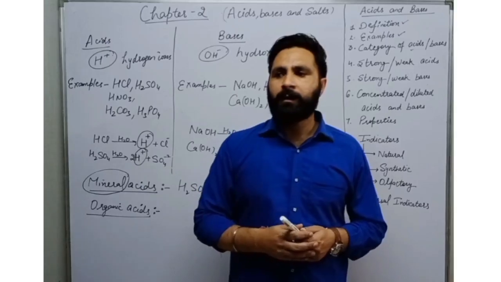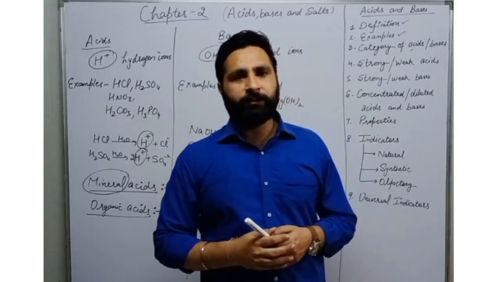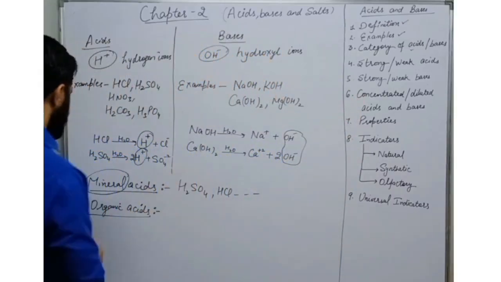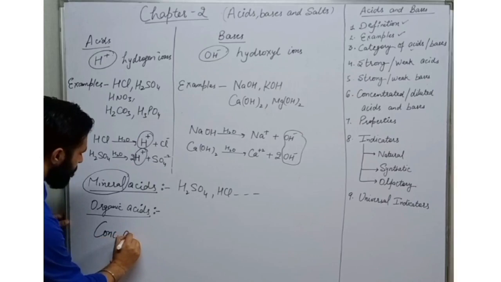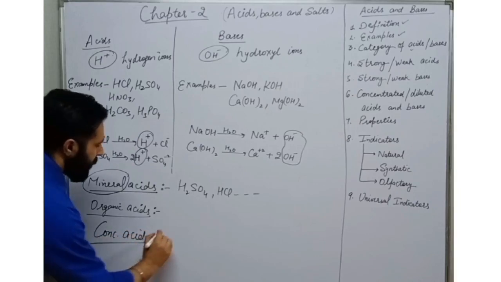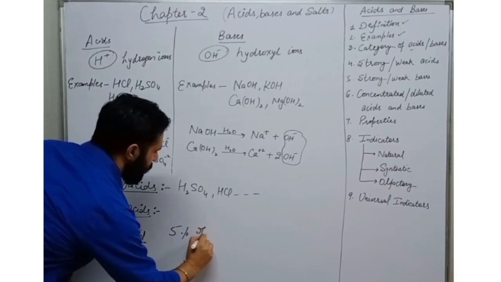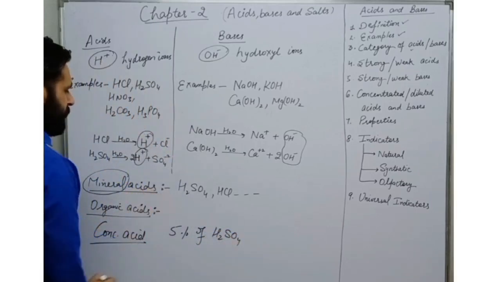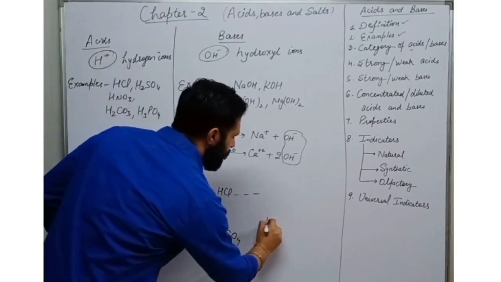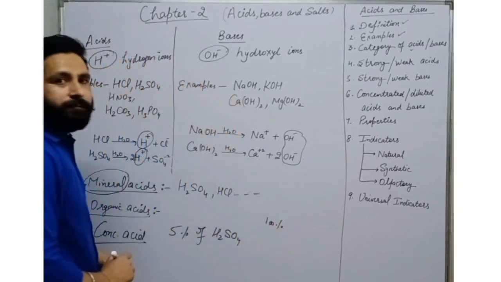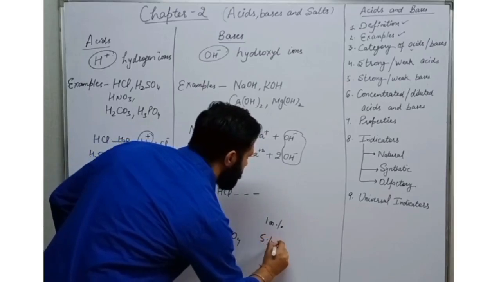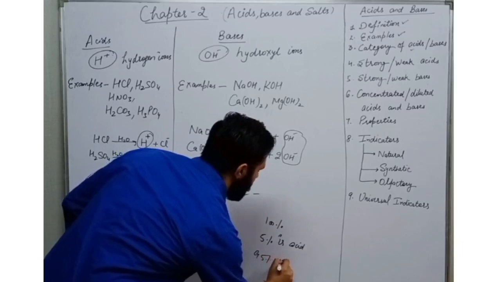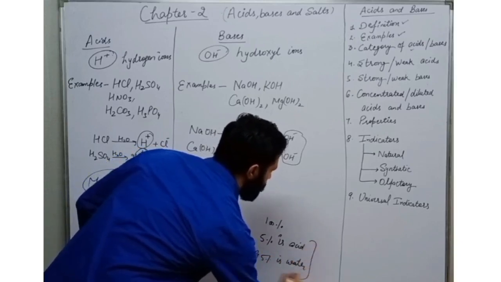So for example, if I say 5% of sulfuric acid, I am taking an example of a dilute acid. If I am writing 5% of sulfuric acid, it means the total percentage is always 100%, so only 5% is acid and 95% is water in the solution.